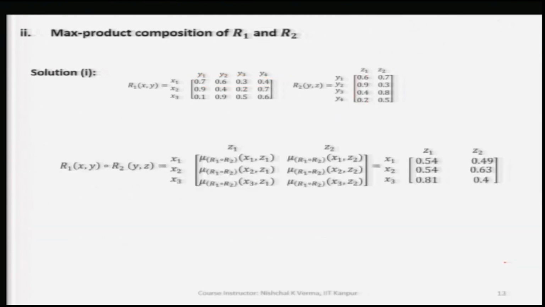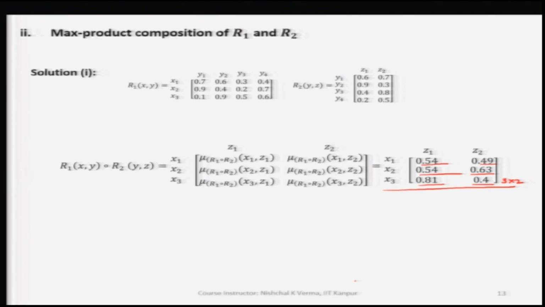Let us now substitute these values and we get the max product composition of R1 and R2 like this, where we have 0.54, 0.49, 0.54, 0.63, 0.81, 0.4 as the values of the resulting fuzzy set.